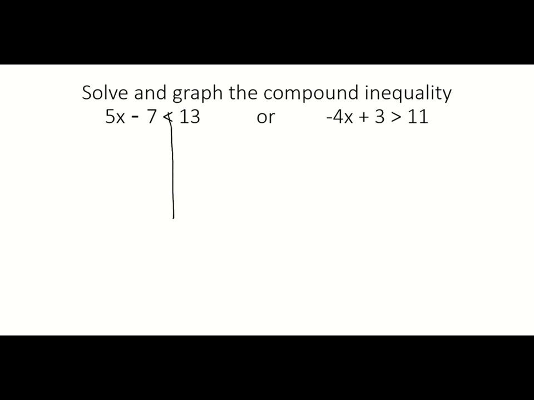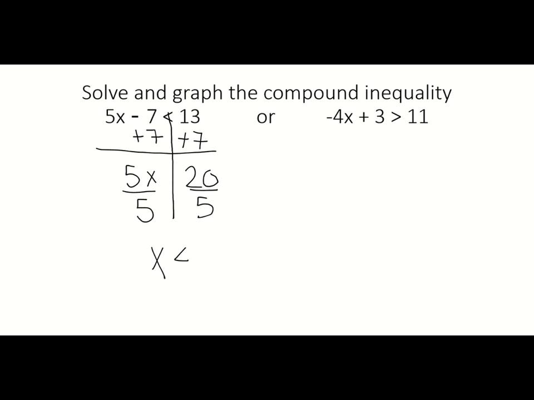So 5x minus 7 less than 13. I'm going to first add 7 to both sides to get 5x less than 20, and then divide by 5 on both sides. So x is less than 20 divided by 5, which is 4.